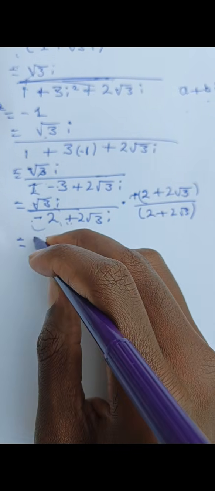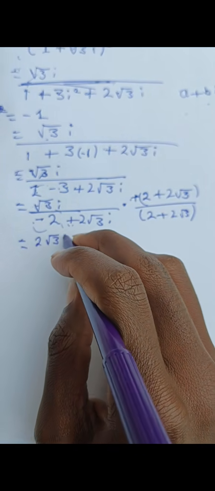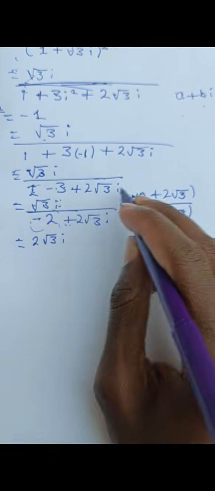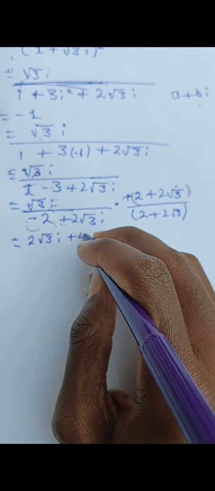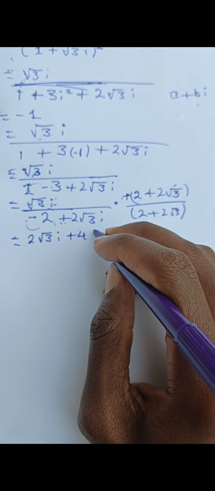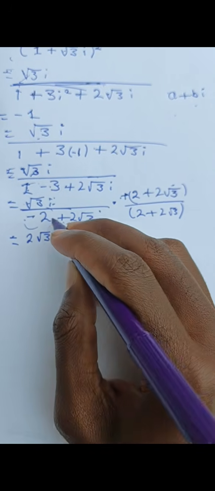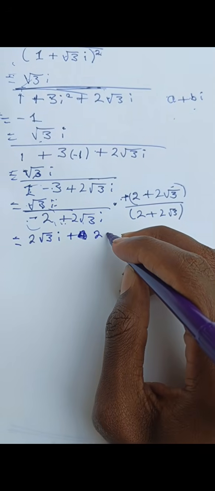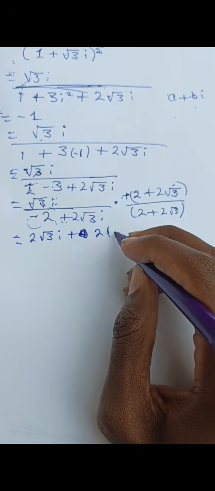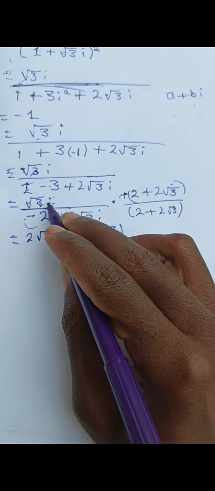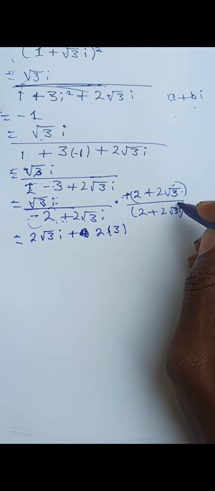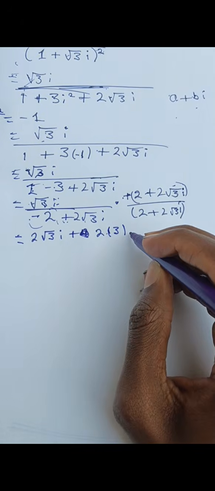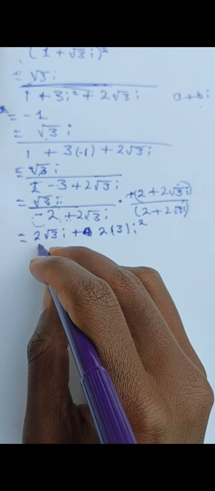This times this is going to be 2 square root of 3i. This times that one is going to be plus 4... no, it's not 2 there. So this times this is going to be 2, then square root times square root will give us 3. Then there is i here, I've forgotten. So i times i is going to give us i power 2, which is negative 3.